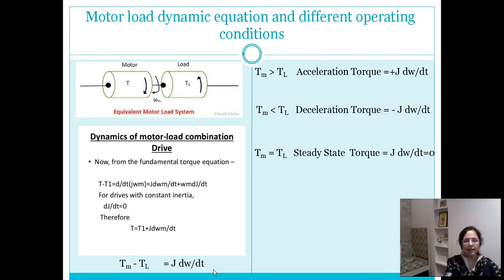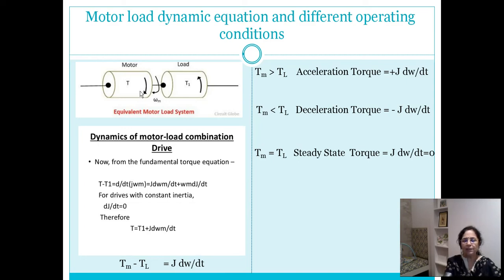Now why do we call this a dynamic equation? Because at every instant as the load requirement changes, the Tm minus TL needs to be balanced, and in this equation we can see that balance is achieved by the torque which is generated as the difference of Tm and TL in the form of inertia of the combination and rate of change of speed. d omega by dt is the rate of change of angular velocity with reference to time.